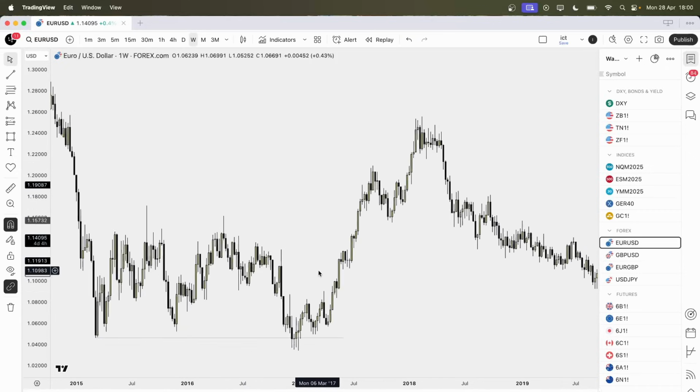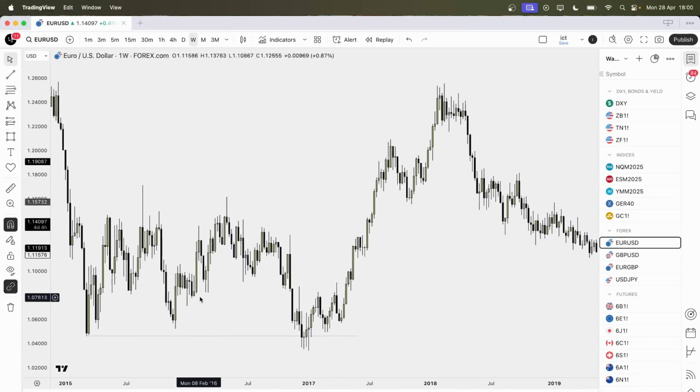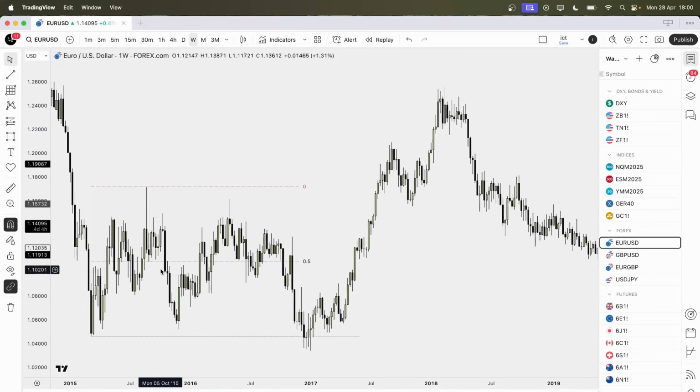That's external. This in here, or this in here, or this is not external range liquidity. That's external range because this is your range from high to low, right? We're always working within some form of range. So until we take the high or the low of that dealing range, it's not external liquidity.